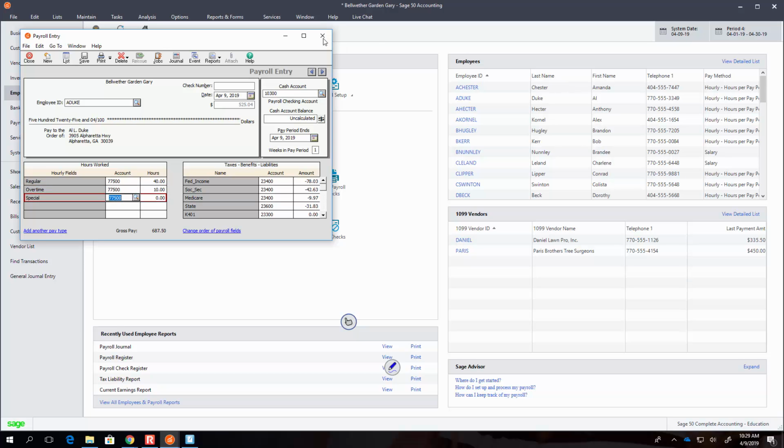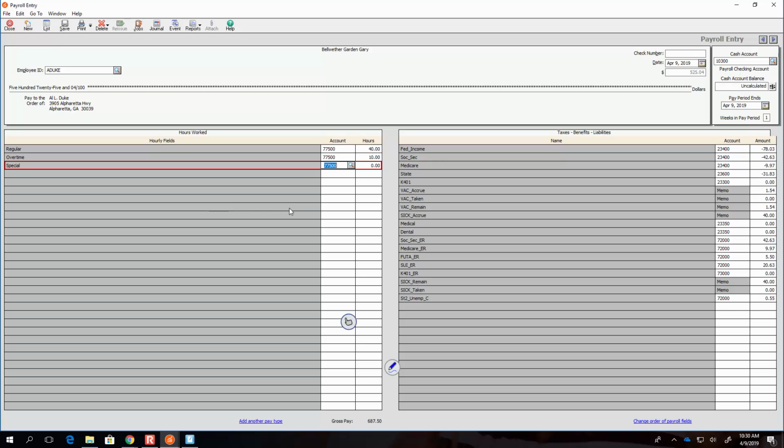And what I want to show here, guys, is the wage information is on the left, right? And then on the right, it shows all the deductions, the taxes that were taken out. You see how they're negative numbers? I know it's really hard to see in the back. The deductions are negative, and then there's some memo stuff for vacation accruals. Skip that. But then it comes down below here, and now they're positive numbers.